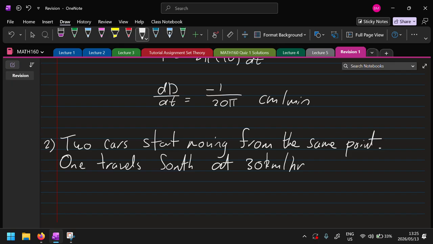Right, already you're seeing rates of change, right? Kilometers per hour. That gives you your hints. And the other travels west at 72 kilometers per hour.